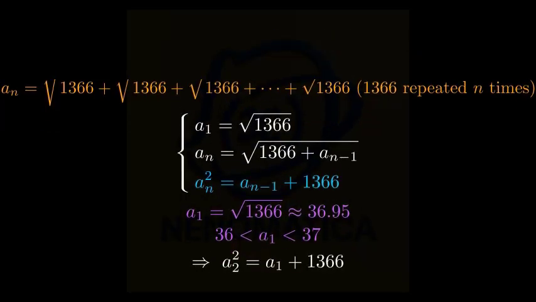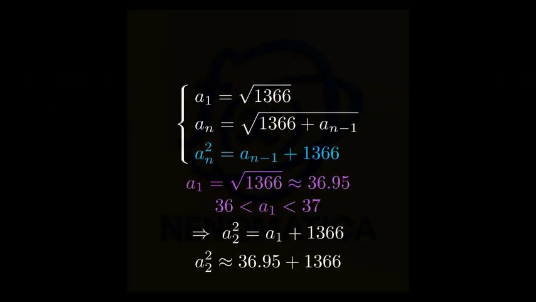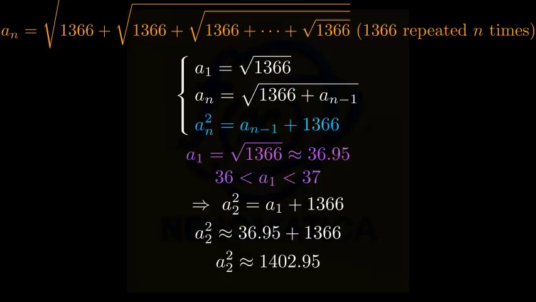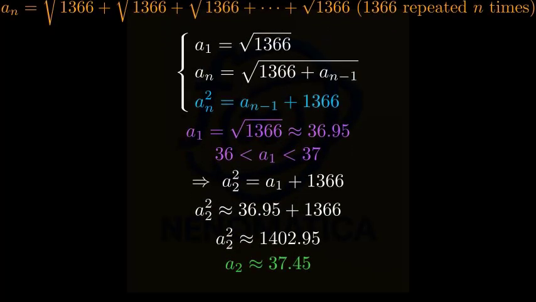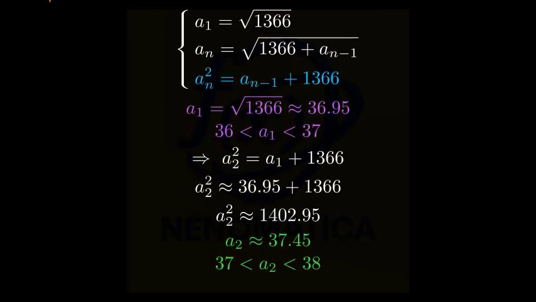From the squared relation, we have a_2 squared equals a_1 plus 1,366. Substitute the approximation for a_1 to get a_2 squared approximately equal to 36.95 plus 1,366, which is 1,402.95. Taking the square root gives a_2 about 37.45. Hence 37 is less than a_2 and a_2 is less than 38.